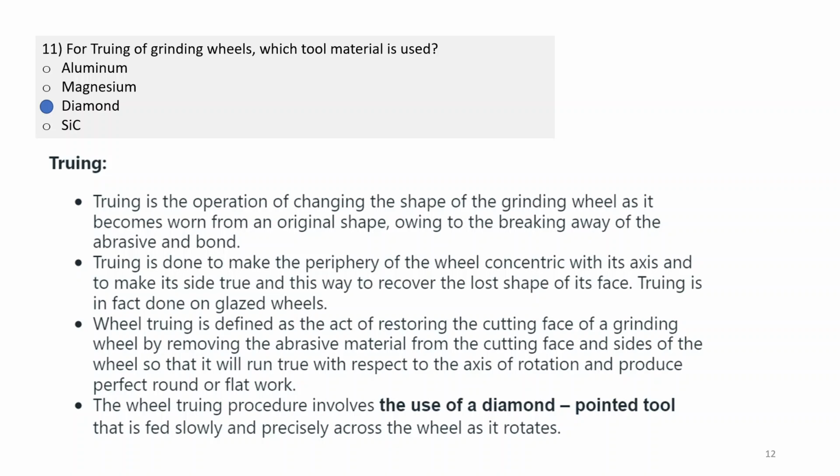Truing is done to make the periphery of the wheel concentric with its axis and to make its side true, and this way to recover the lost shape of its face.